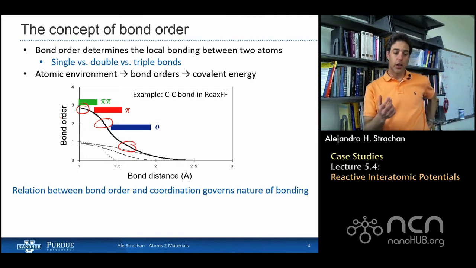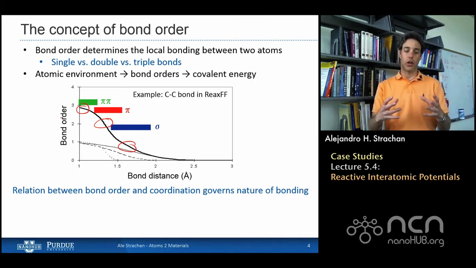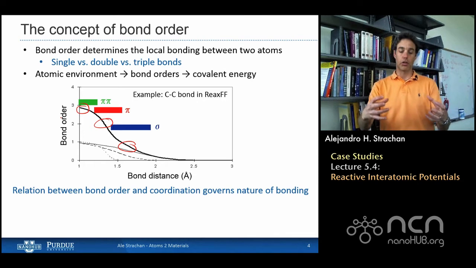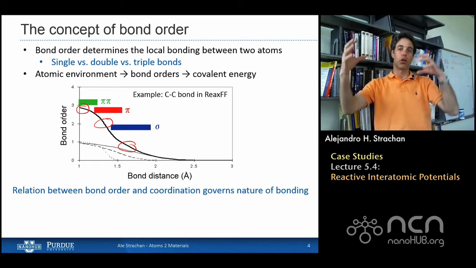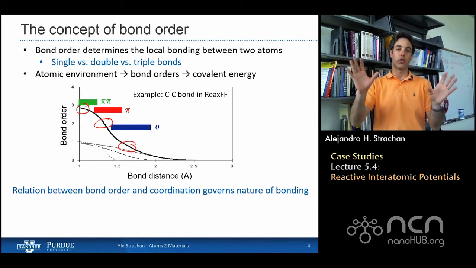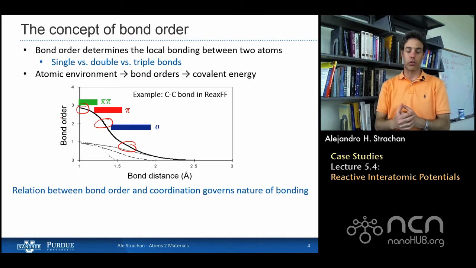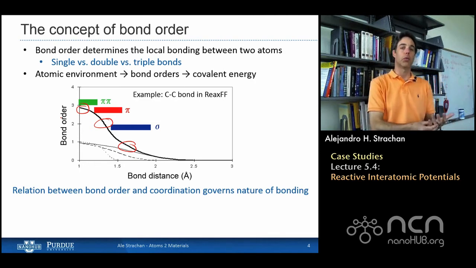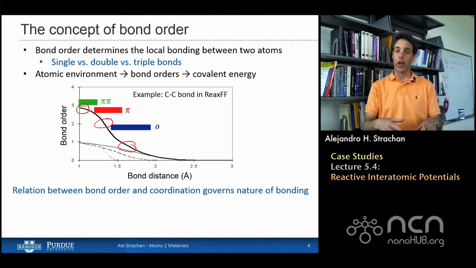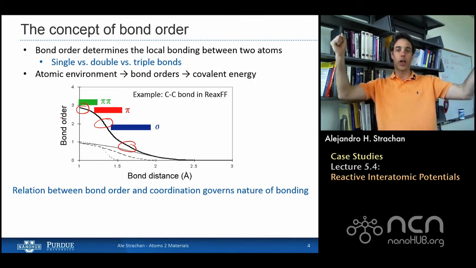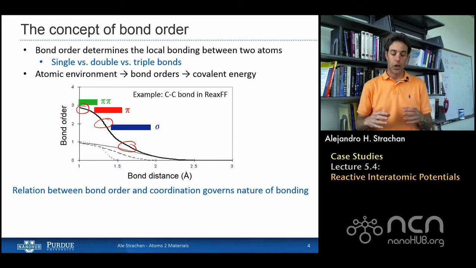If I have materials where the bond strength doesn't weaken significantly as I add more bonds, so if I have an atom and the more bonds I add don't cause a significant degradation of the bond strength, then that's going to be a material that favors close packing. It's going to behave like a metal that tries to make as many bonds as possible.